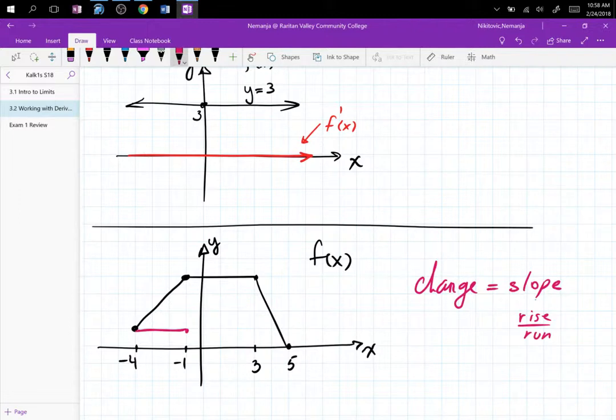See, no matter where you pick the point on this line segment, the slope is everywhere exactly 1. So, because the slope is +1 everywhere from -4 to -1, I just draw that line. Now, what is the change on the interval -1 to +3? 0. There is no change because it's a horizontal flat. So I'm going to draw my derivative on the x-axis.